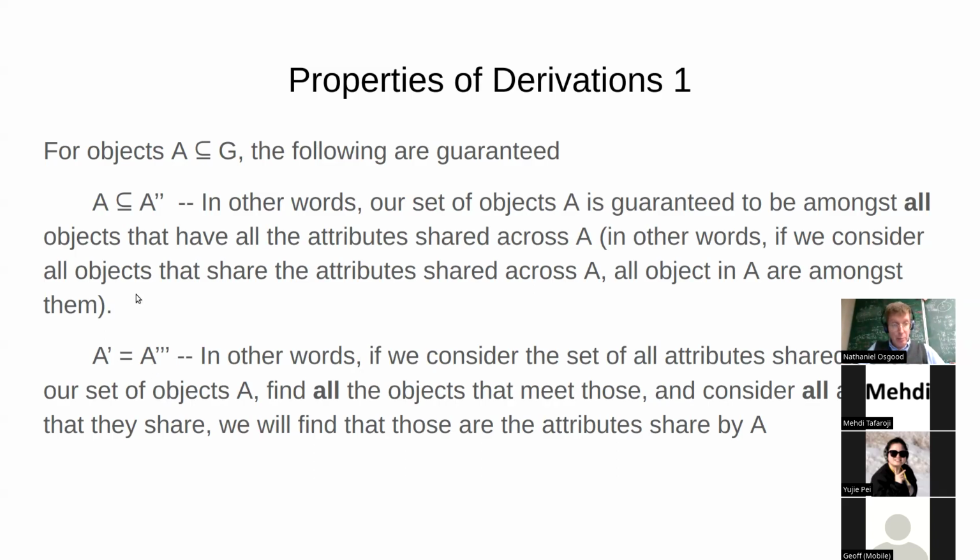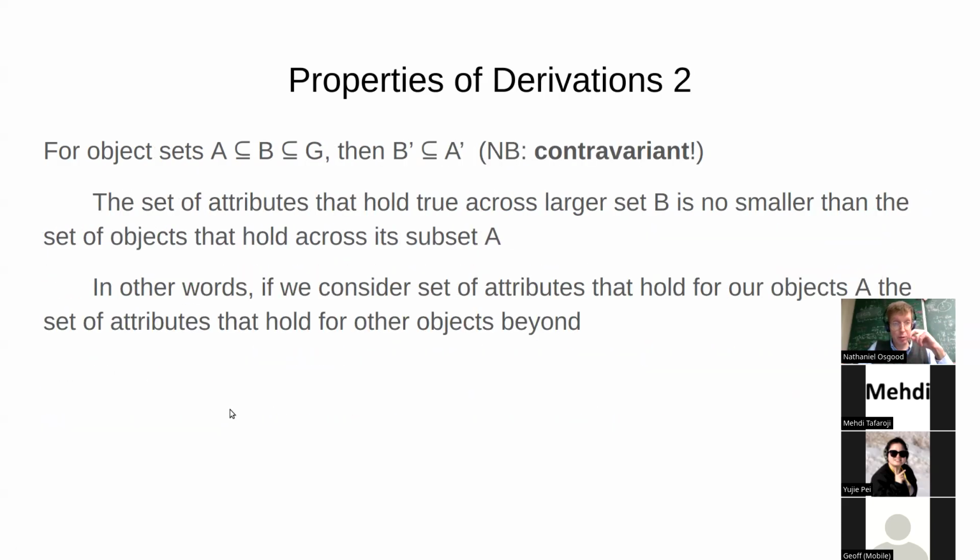After all, A double prime is the set of all objects that have those attributes in A prime. And if we convert it back, what are the attributes shared by all of them? They're actually equal to the attributes shared by the original set. That may not be obvious, but I've tried to provide an explanation in some of the words here.